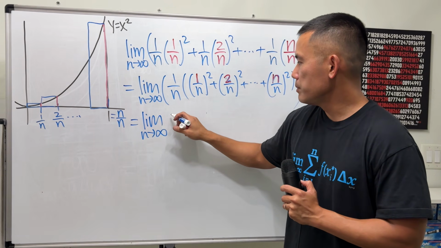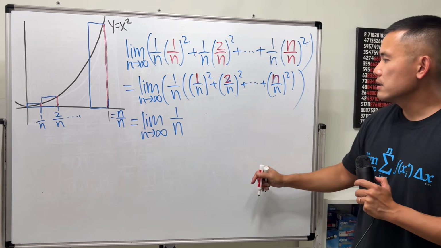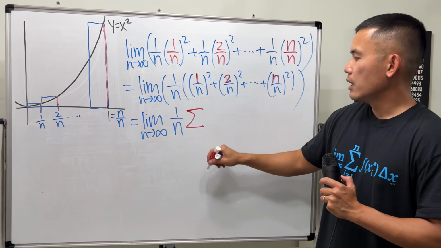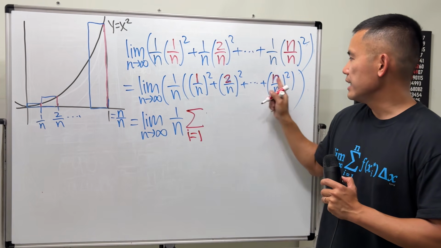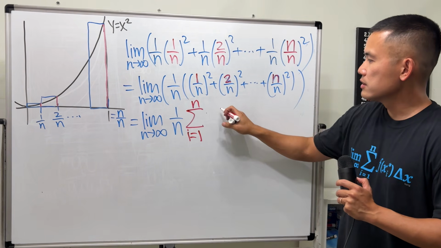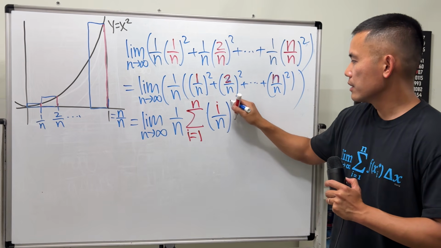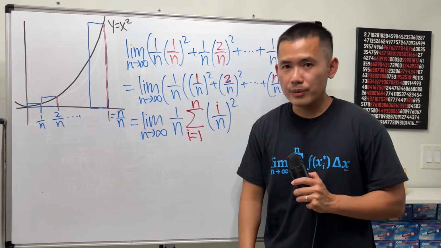I'm still going to keep the 1 over n right here, but for all this part, I will put them in the summation, which is the sigma right here. Let's use i for the index, and it starts at 1 and ends at n. The only thing that is changing is this, so that will be the i, and the rest stay the same. So this is equivalent to that, it's the same as the original.